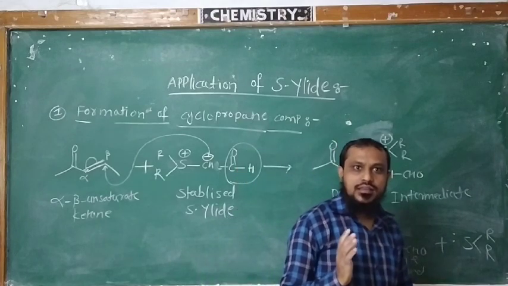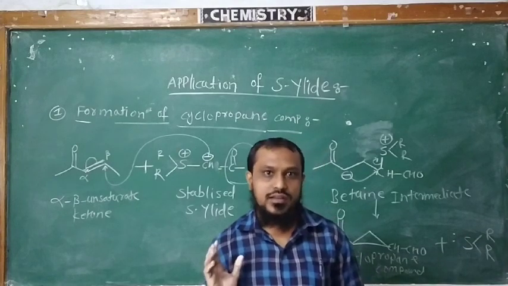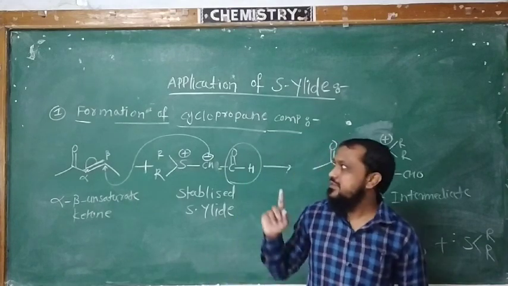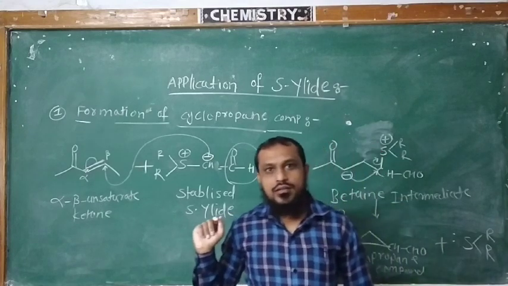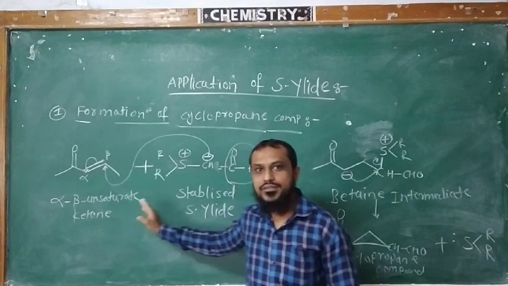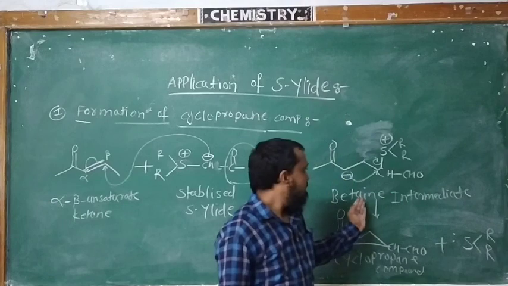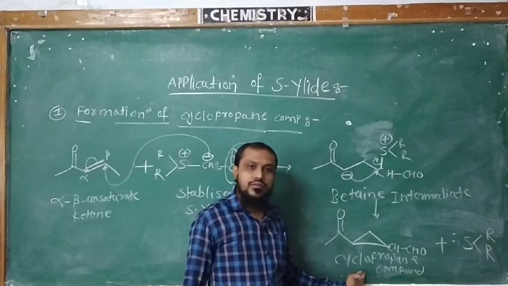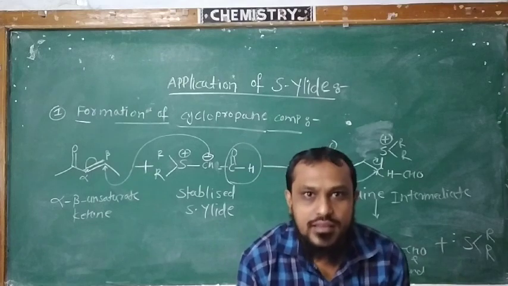This is the statement of preparation of epoxide. And now the second application is the formation of cyclopropane compound. When an alpha beta unsaturated ketone is treated with stabilized sulfur ylide, it gives a cyclopropane compound. I hope you will understand better.